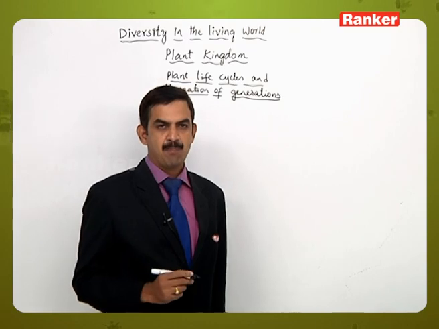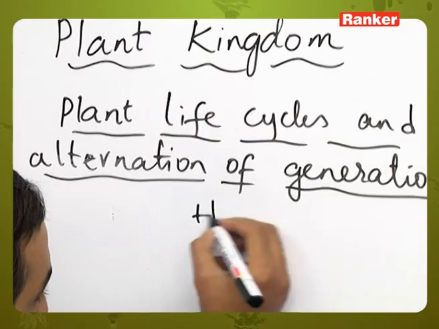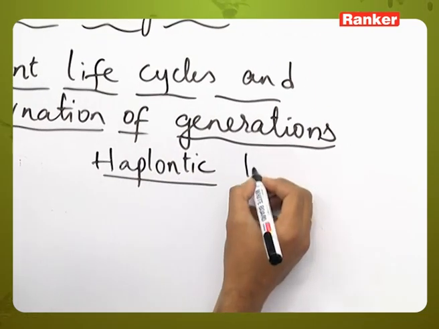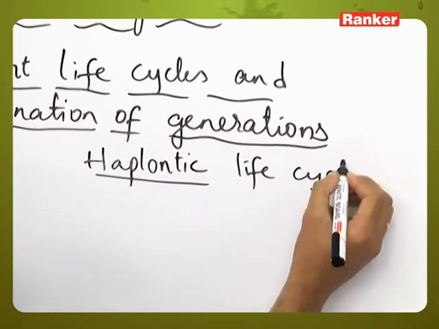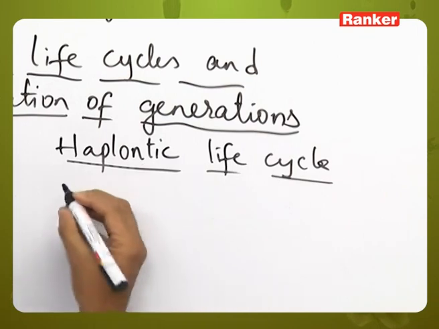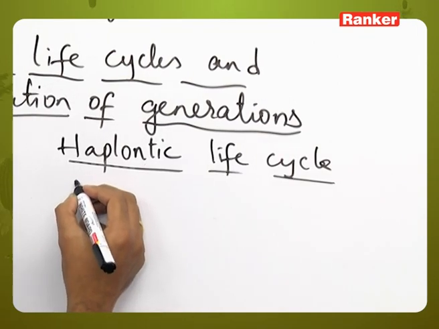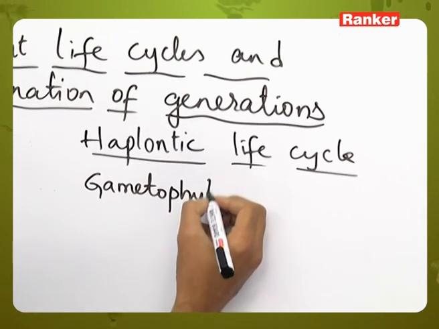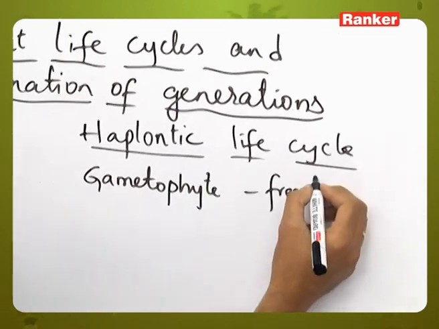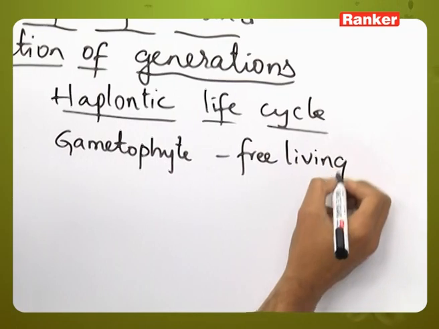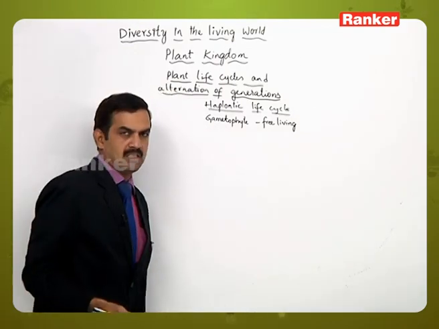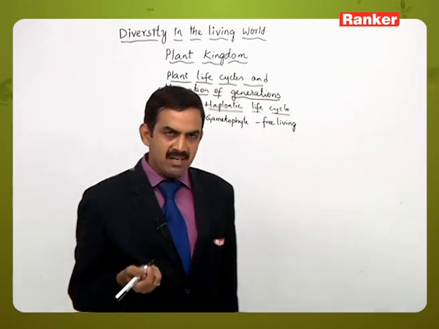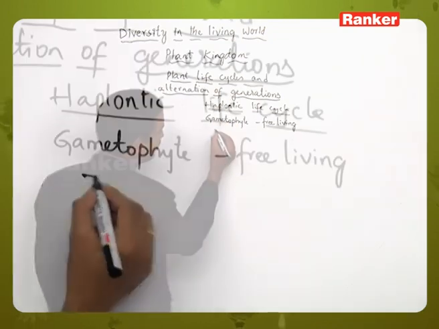The first one is the Haplontic life cycle. In the Haplontic life cycle, only the gametophyte generation is present, which is free living, and the sporophyte is absent, or it may be represented in the form of a zygote.